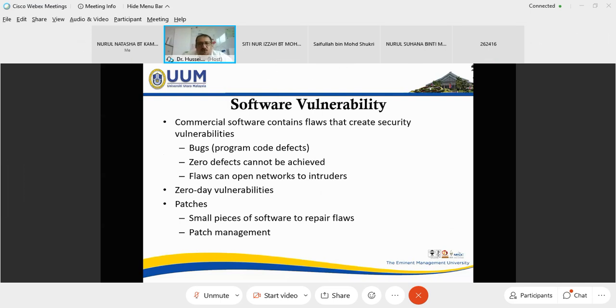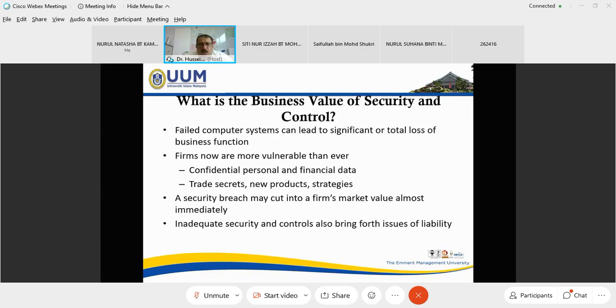Software vulnerability. Then what is the value behind that? What is the business value of security and control? What is the benefit? We will prevent hacking of our system, our business will continue, and there will be no more losses.